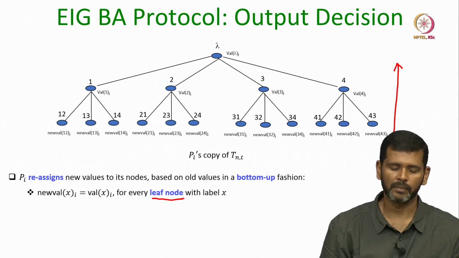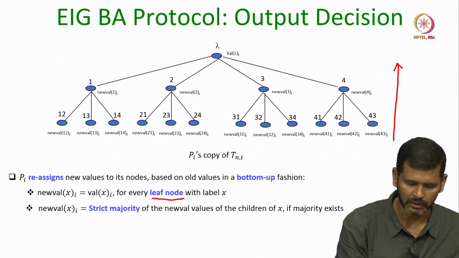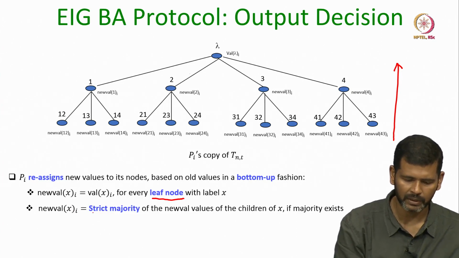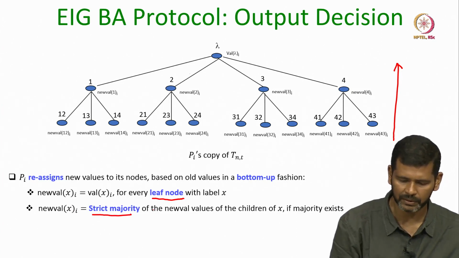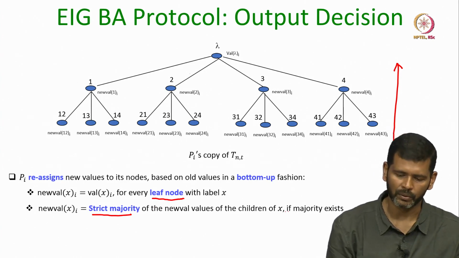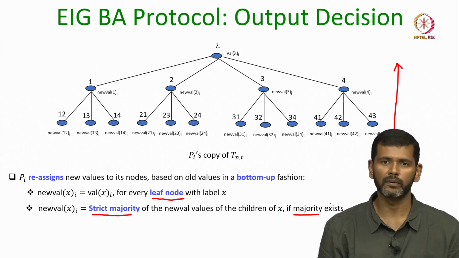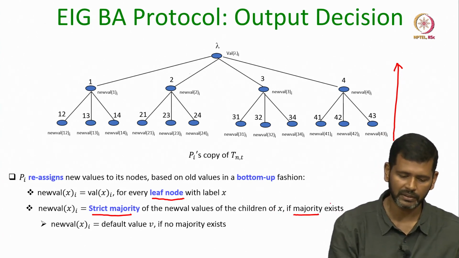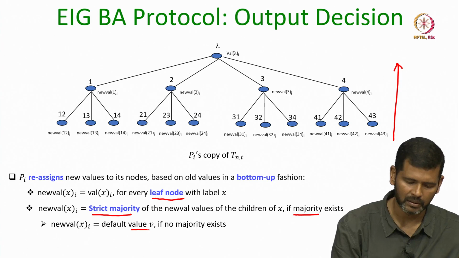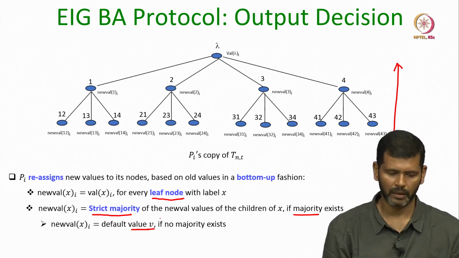during the T plus 1th round. As we go up, the new values are computed based on the strict majority of the new values computed for the children nodes, if at all a majority exists. Of course, it could be possible that a majority does not exist, in which case some default bit v is taken and assigned as the new value.